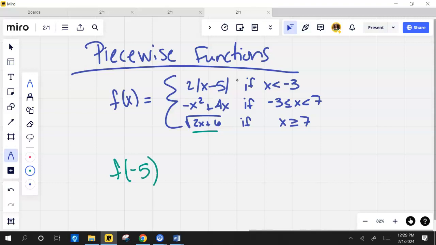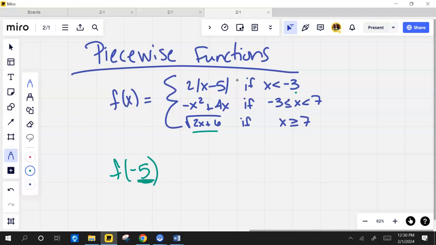If I asked you to find f of -5, my first goal here is to figure out which function that applies to. Why the first one? Right, because -5 is less than -3. It will only fit in one of them, okay? So this is my x, right?